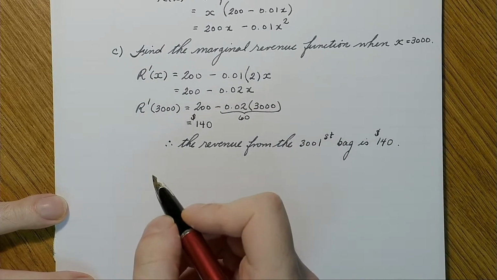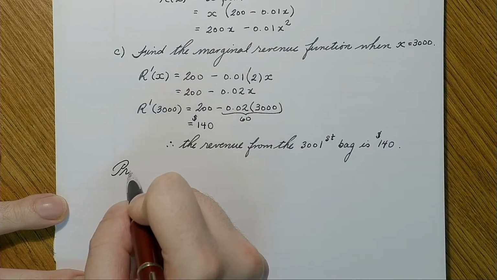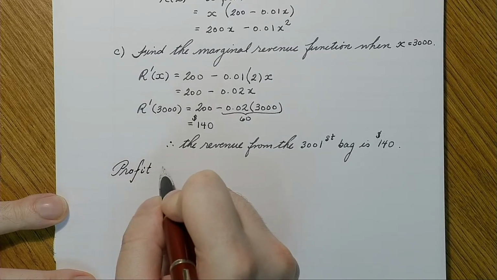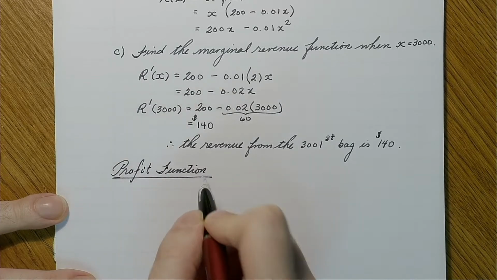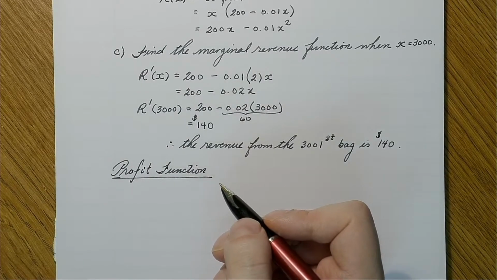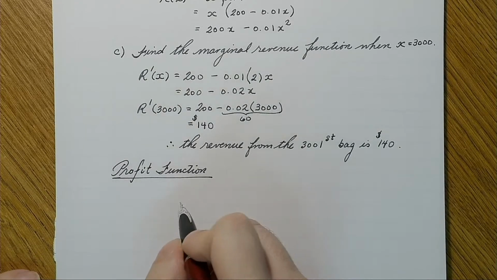So we already had a little bit of a preview of the profit function. The revenue function is the total amount of money that the company earns, but the company has to pay for their costs. So if we subtract the cost from the revenue, we obtain the company's profit function.